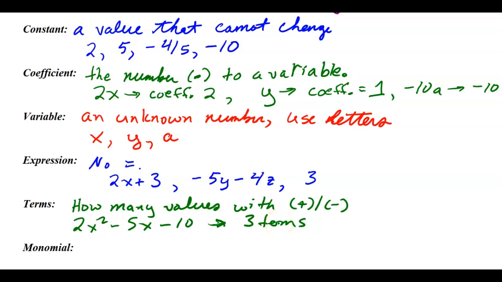So each term is a number with a plus or minus in front of it. So if I have 4a cubed plus 6a squared plus a minus 10, that's 4 terms.